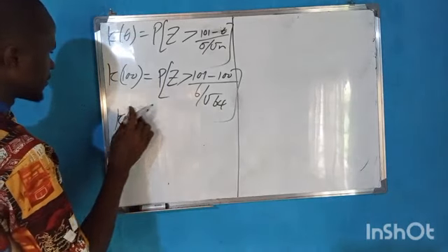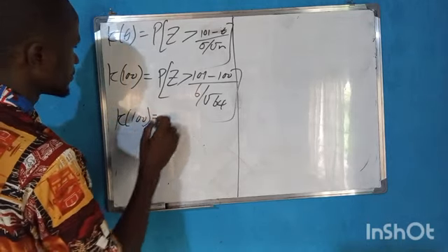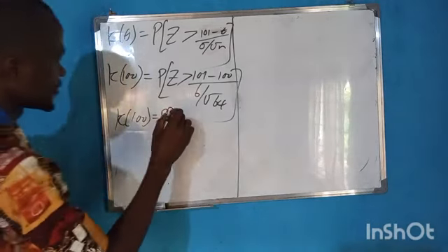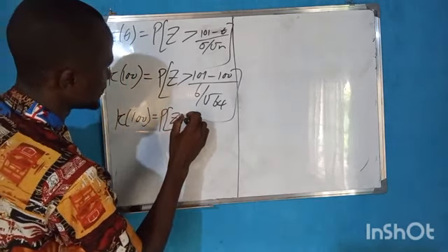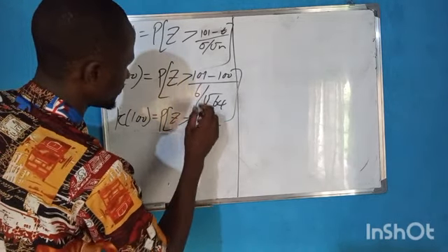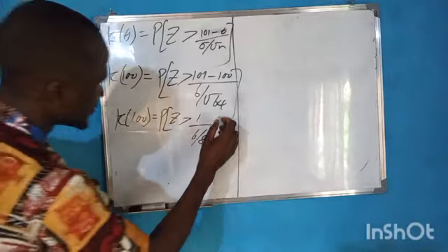K of 100 is equal to the probability of Z greater than 1 all over 6 over 8.